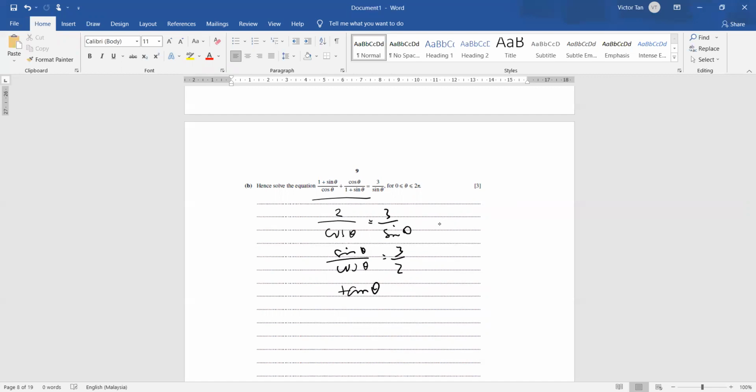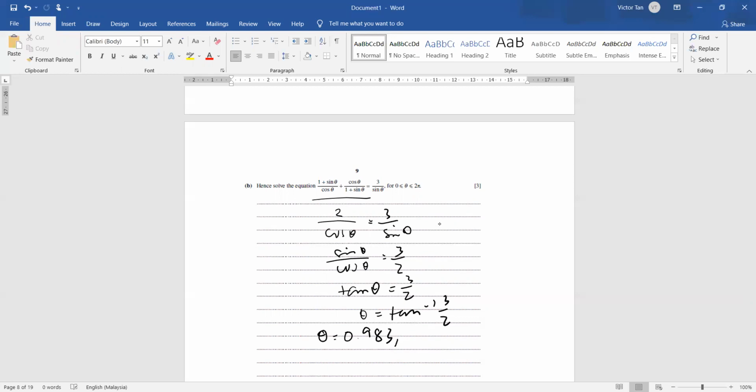Second identity, sine theta over cos theta is tangent theta. So theta equals arctangent. Remember to change the mode of your calculator to radian. Arctangent 3 over 2.